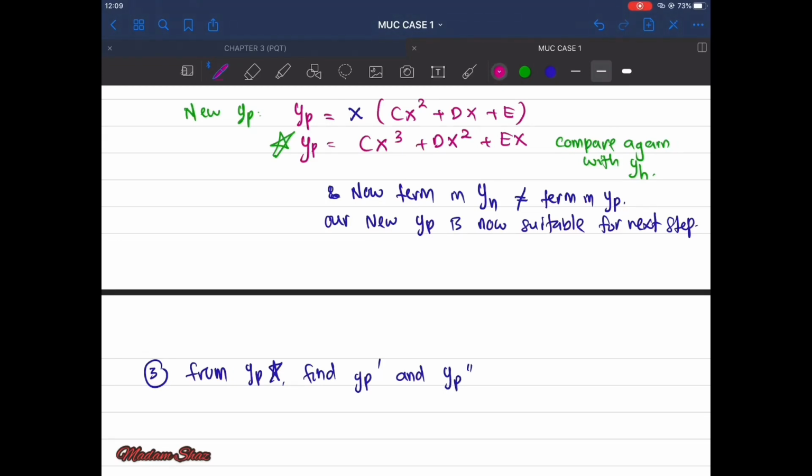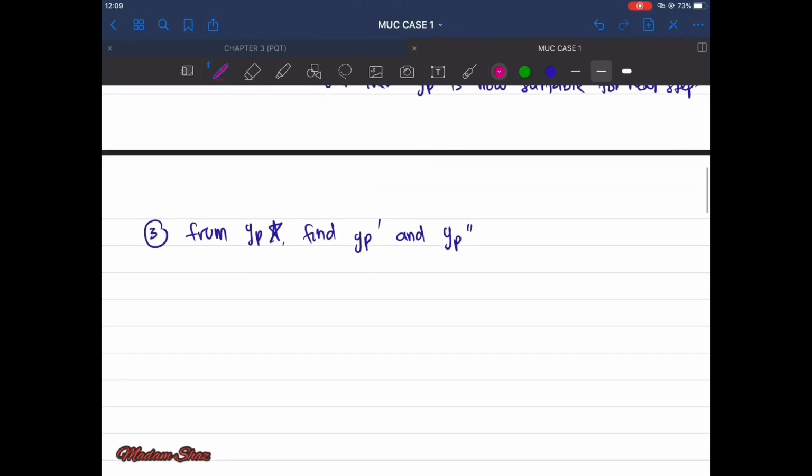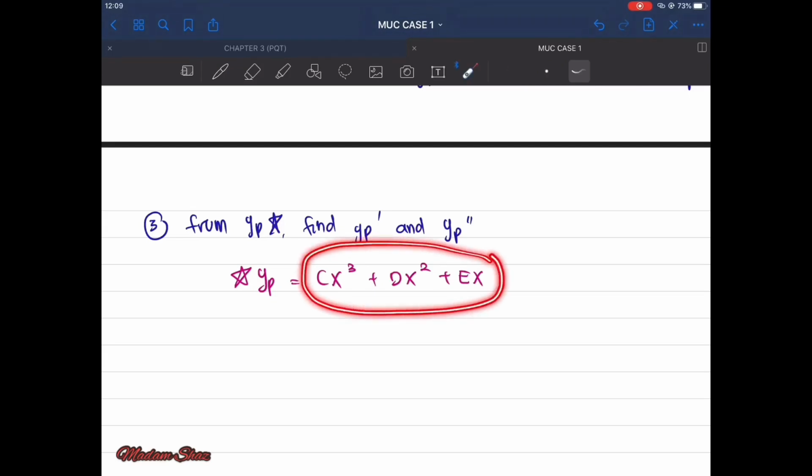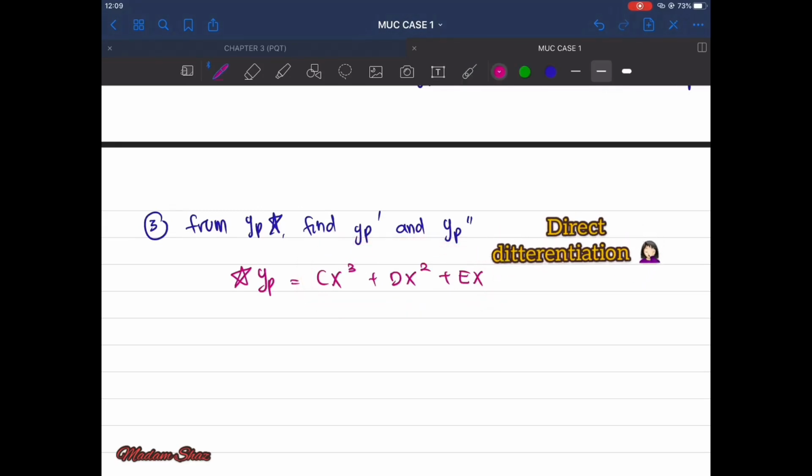Okay, so you need to differentiate from the YP star. Okay, so this is our YP star. So how to differentiate the polynomial function? You don't have to apply any technique because this is a direct integration.